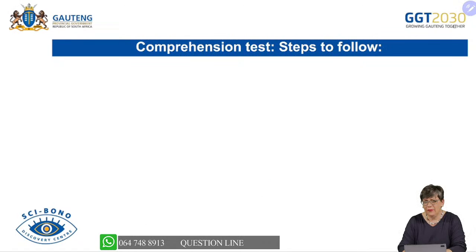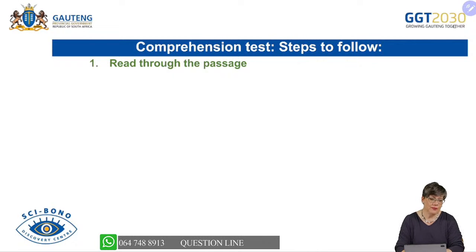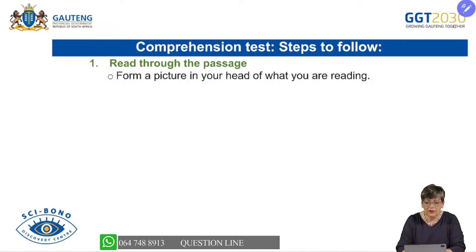Now, how do you answer a comprehension? Here's some tips. When you get your question paper, you will be given 10 minutes reading time. Now, I suggest you use those 10 minutes to read your comprehension. While you're reading, form a picture in your mind of what you are reading and try to find the main idea of a text.